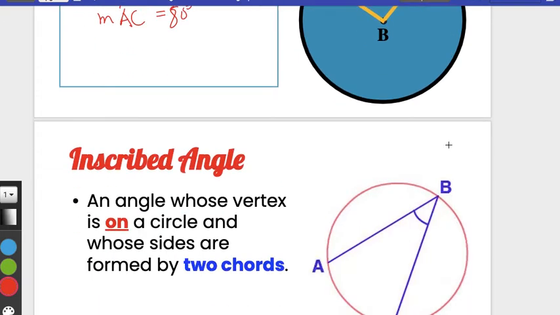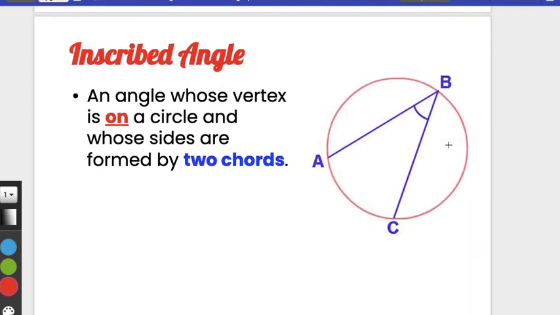The next type of angle we are going to introduce is called the inscribed angle. The major difference between the inscribed angle and the central angle is that for the inscribed angle, the vertex is not on the center anymore, it's on the circle. Also the two sides of the angle are formed by two chords.